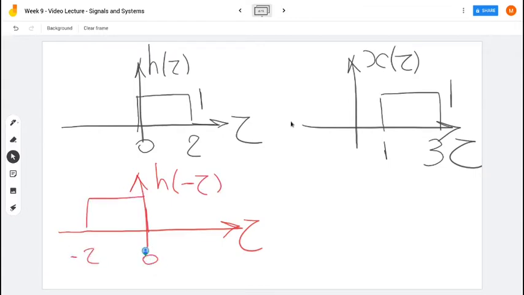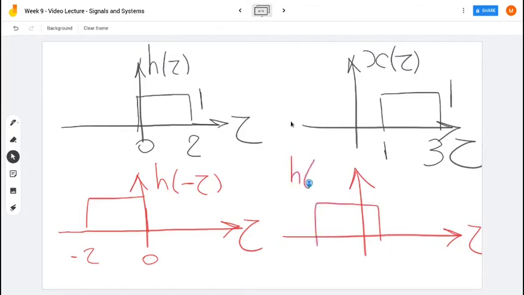And next we will shift the signal to be h of t minus tau. And in this case, this 0 will become t, and this minus 2 will become t minus 2, and the height is 1.